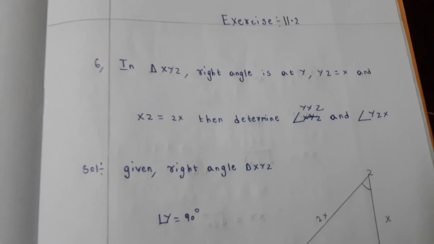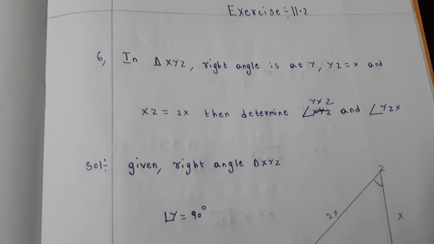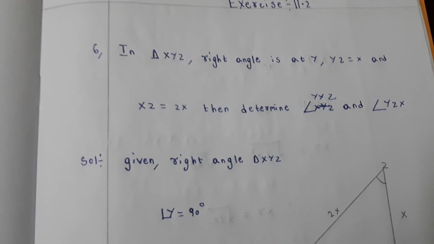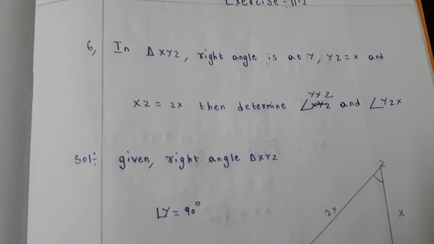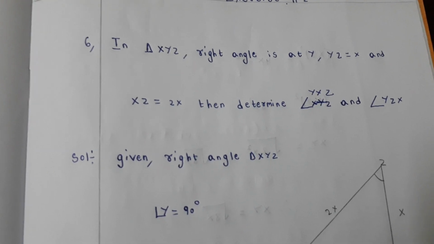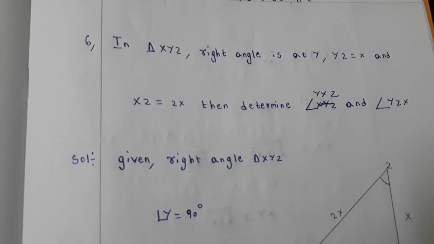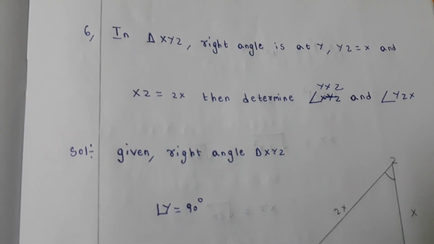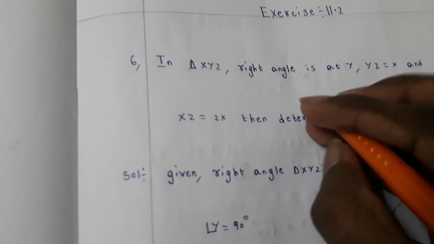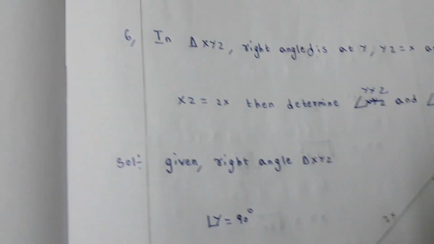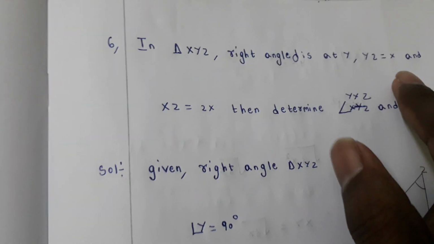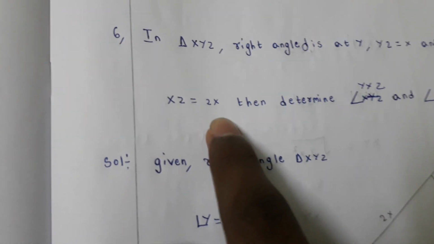Today let us discuss exercise 11.2, sixth problem and seventh problem. In the sixth problem, a triangle XYZ is given, which is a right angled triangle, right angled at Y, and YZ is equal to x and XZ is equal to 2x.